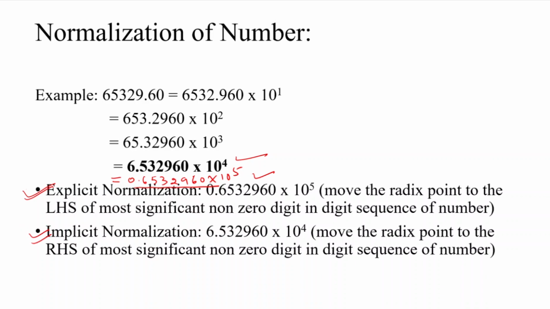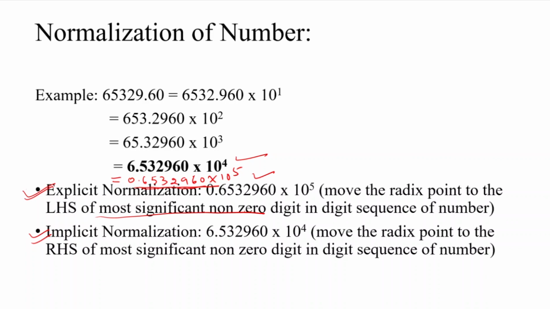Here the number is represented as 0.6532960 multiplied by 10 to the power 5. In explicit normalization, we move the radix point to the left hand side of the most significant non-zero digit. This is the most significant non-zero digit, and we move the radix point to the left, before that.